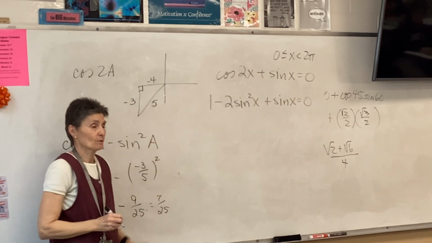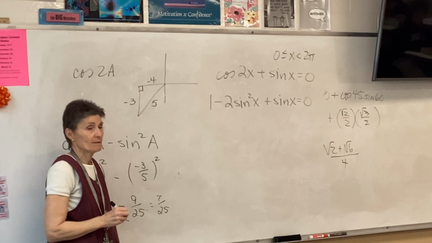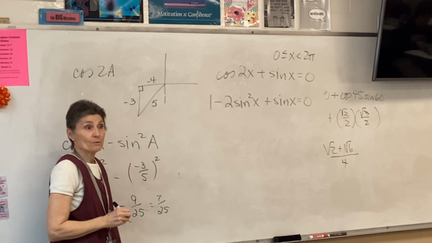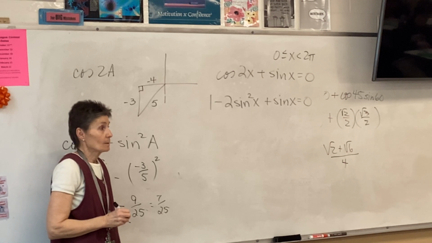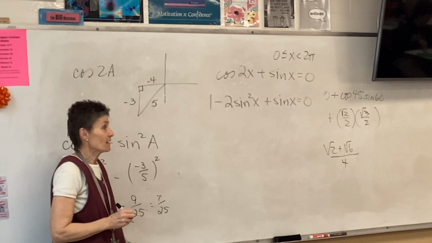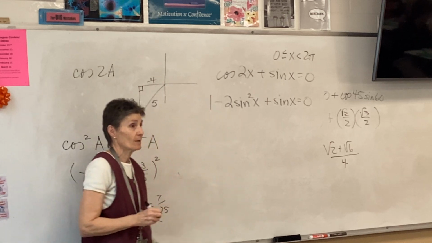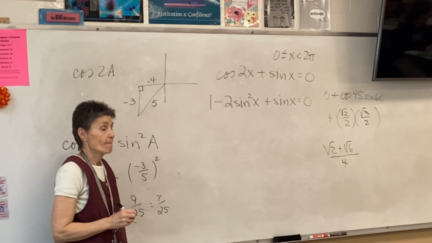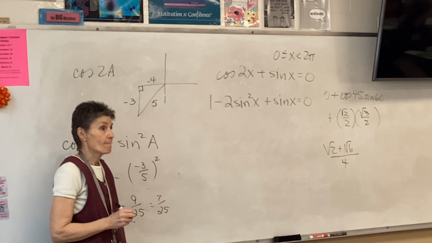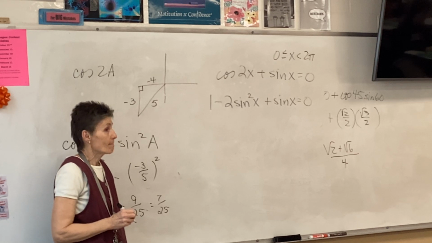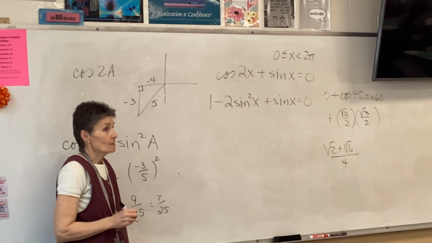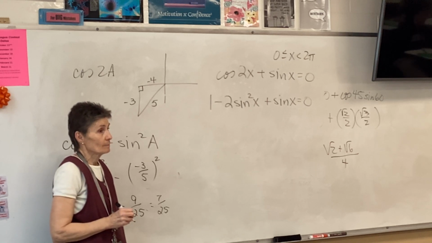We did one very similar to this before, but not exactly the same. Now what do you notice? You can't factor out a sine because you have a 1 sticking around there. Because it says cosine, it has to be squared for it to go to 1 minus 2 sine squared. No, it's cos 2.